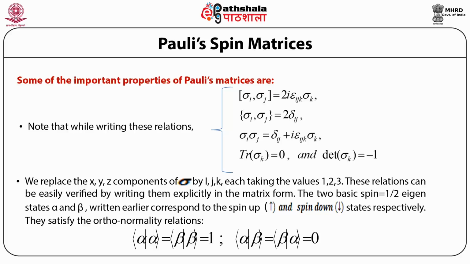Both these eigenstates, alpha and beta, satisfy the orthonormality relation: bra alpha ket alpha is equal to bra beta ket beta is equal to 1. Similarly, bra alpha ket beta is equal to bra beta ket alpha is equal to 0.